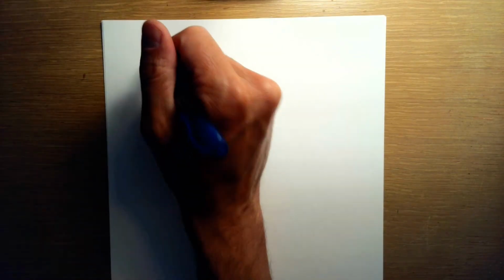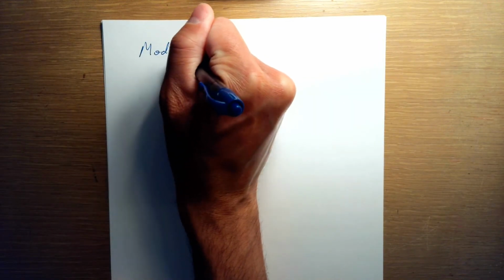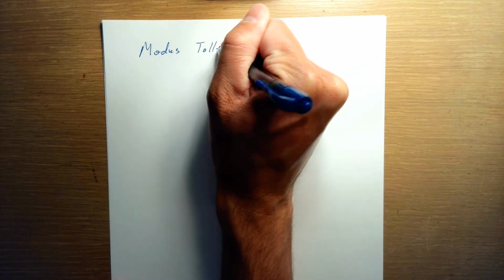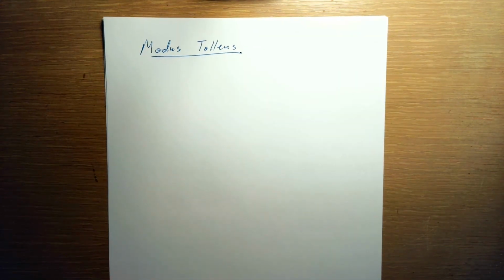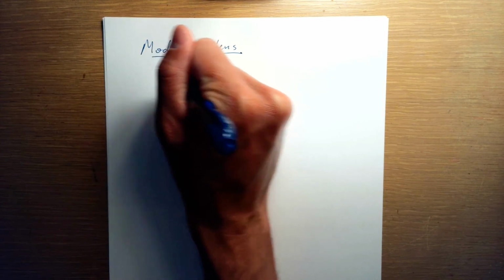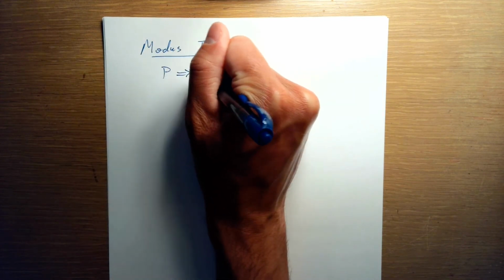Our second argument type is called Modus Tollens. It's going to look very similar, except instead of the conditional statement, we're going to use the contrapositive, which, if you remember from previous videos, is equivalent to the original statement. So the argument structure goes like this.